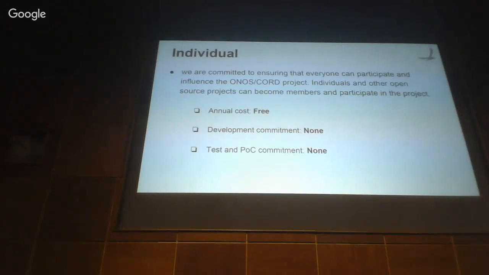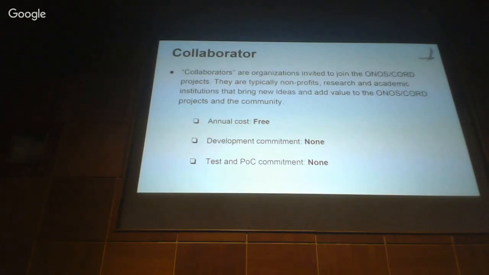Basically, there's a simple form you fill out on our websites. I'm going to specify the annual cost, development commitment, and test and proof of concept commitment, because you'll see they differ by membership type. But as an individual, it's of course absolutely free, and there's absolutely no development commitment or test or POC commitment.